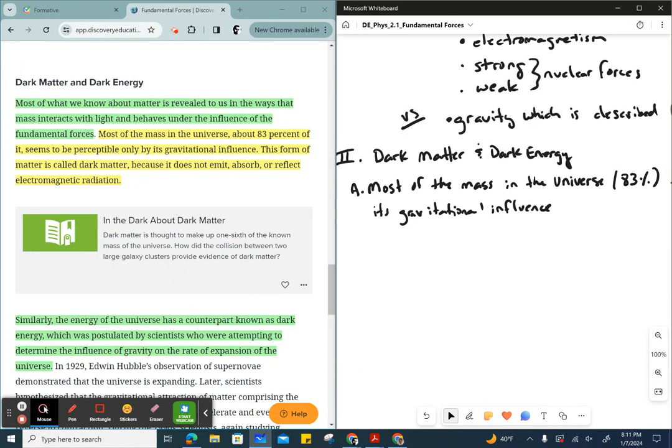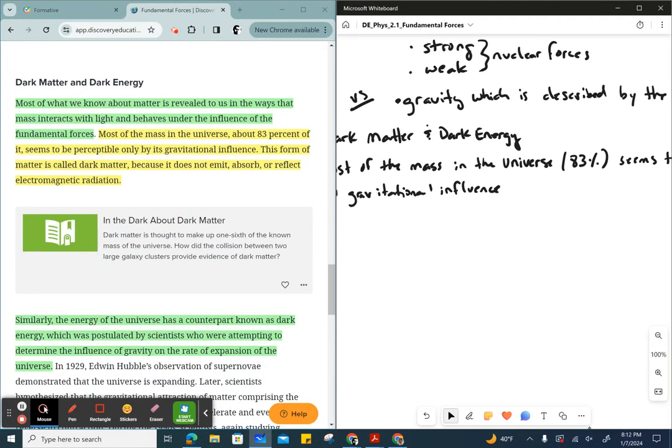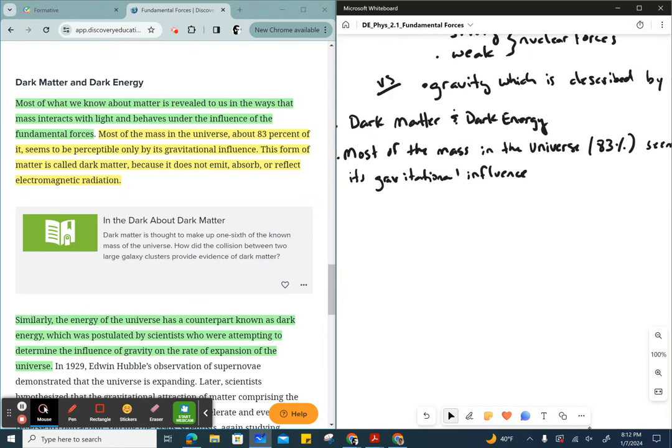Okay, we can't perceive it through the other 3 fundamental forces: electromagnetism, strong or weak nuclear forces. We can't perceive 83% of the mass through those other forces. And this is called dark matter. Most of the mass in the universe seems to be perceptible only by its gravitational influence.